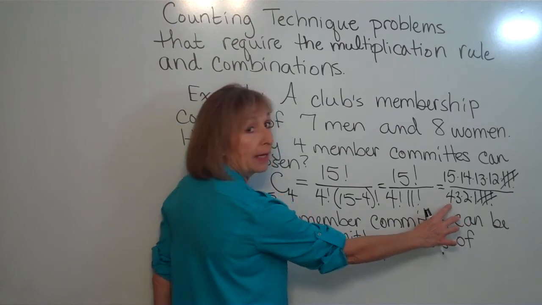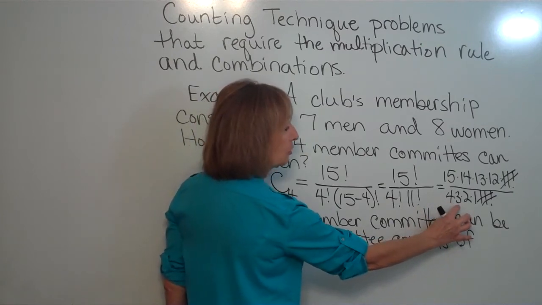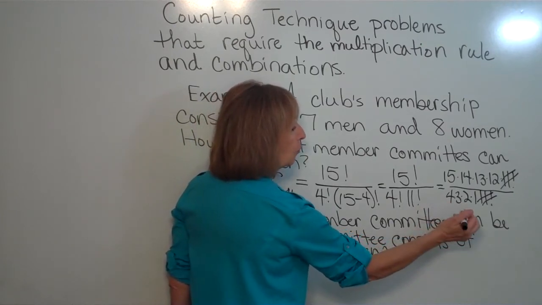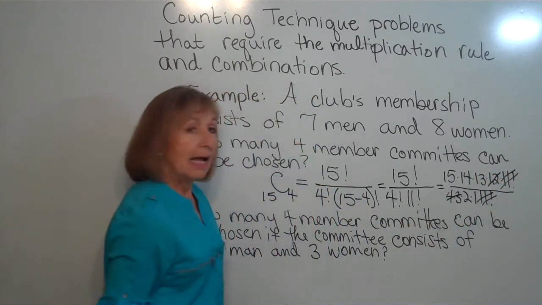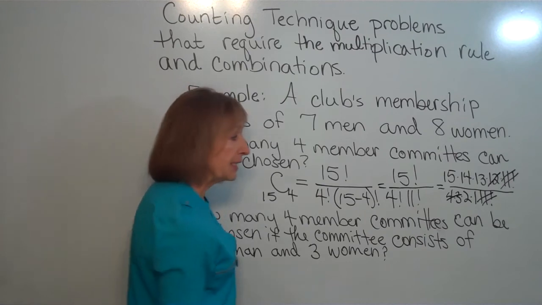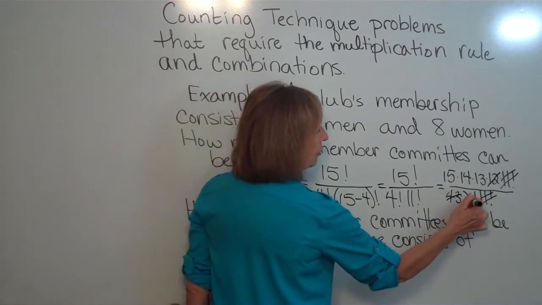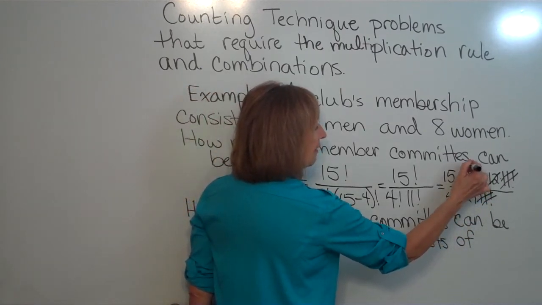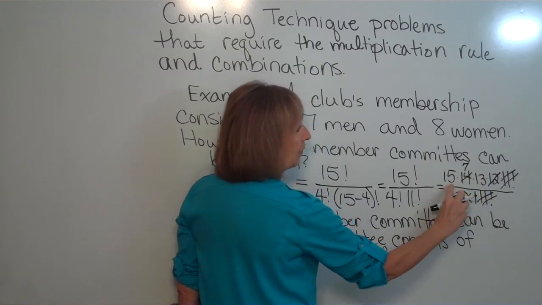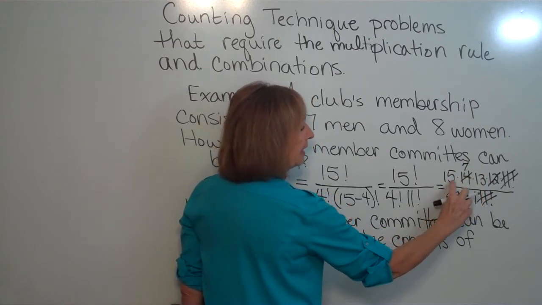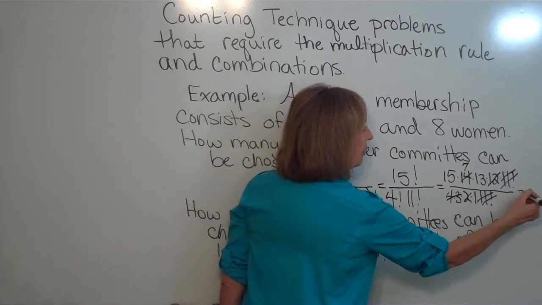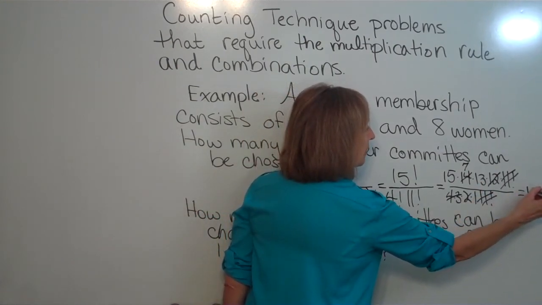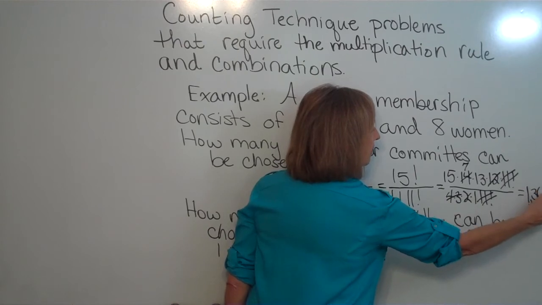In this particular one, I see that 4 times 3 is 12, so 12 is a common factor pair with 12. And then for my other factor, 2 in the denominator, 2 goes into 14 7 times. And now when you multiply 15 times 7 times 13 and figure that value out, that's 1,365.